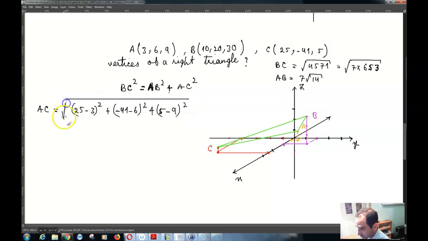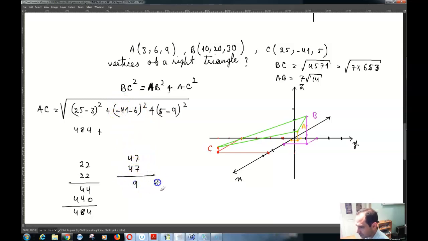Then 25 minus 3 is equal to 22, and 22 squared is 484. Then negative 41 minus negative 6 is negative 35..., actually negative 47, so 47 squared is equal to 47 times 47.